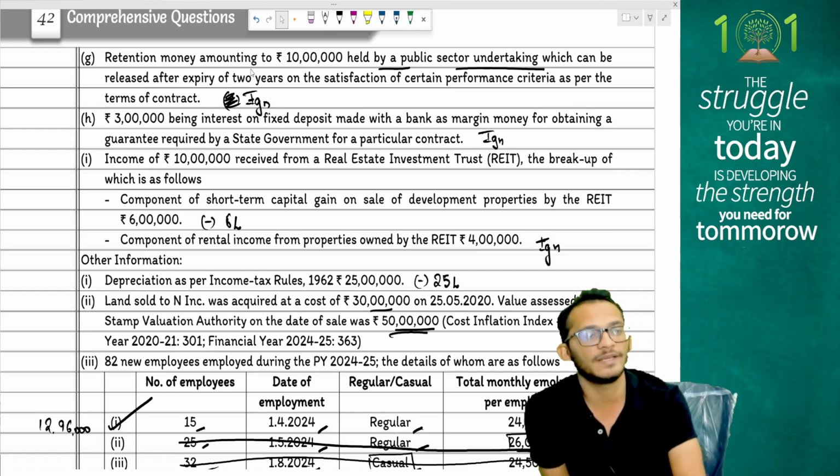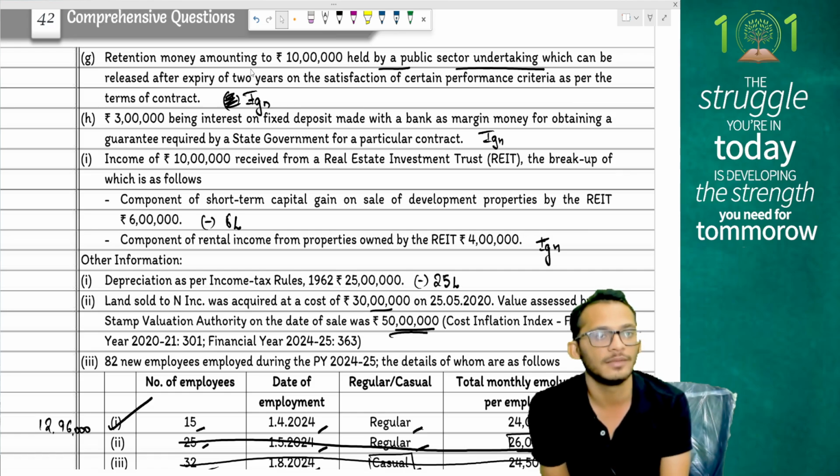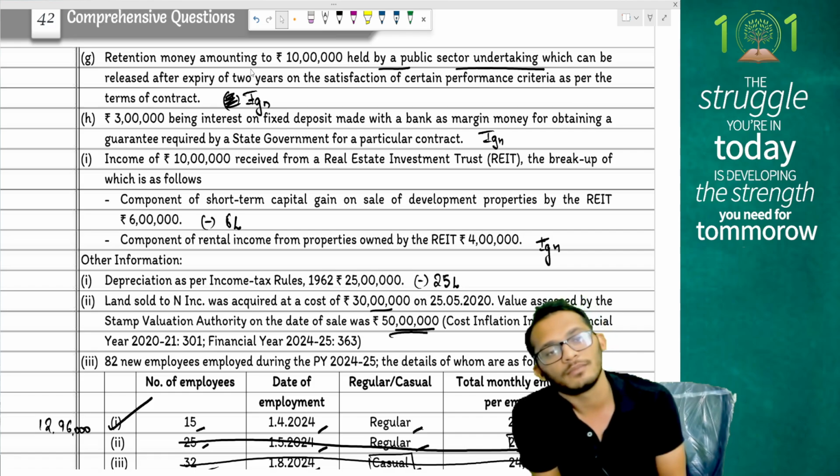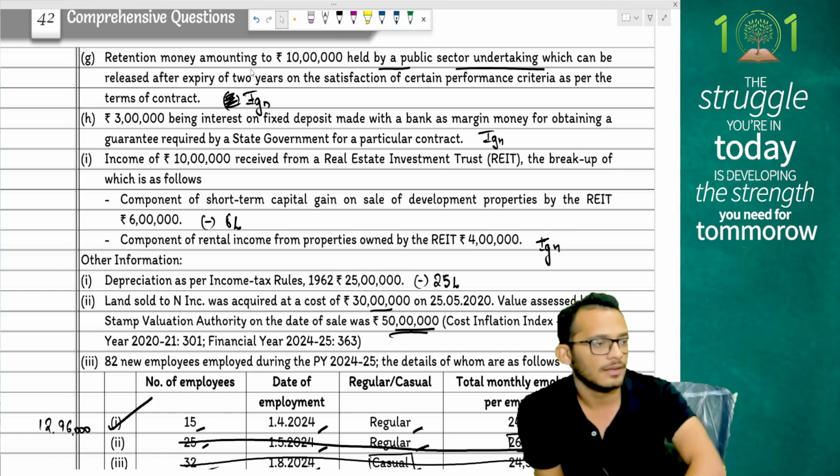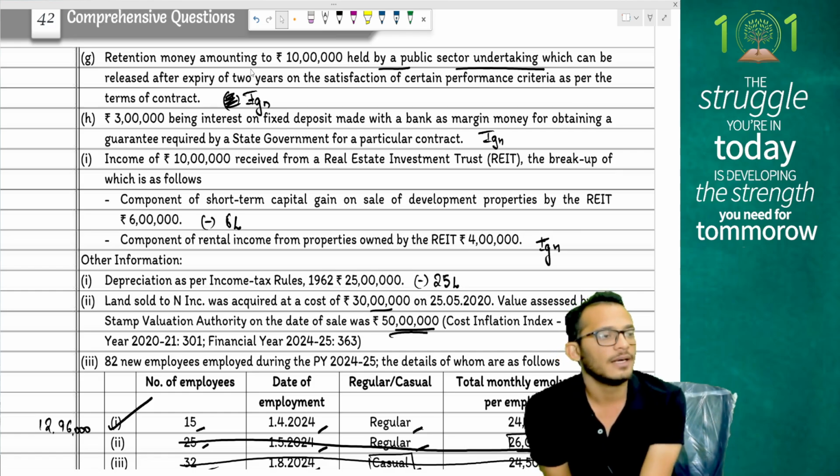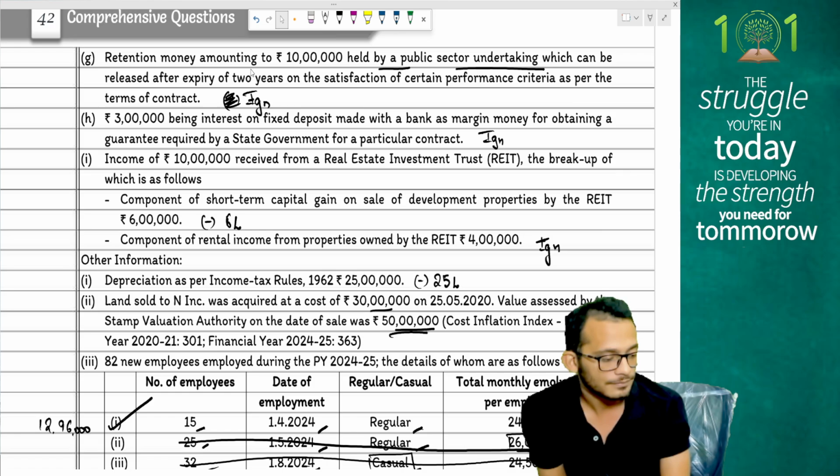Only then will I give you marks. Heading says depreciation as per income tax. You don't need to mention anything else because I've already referred it on the top. Amount becomes 25 in brackets.